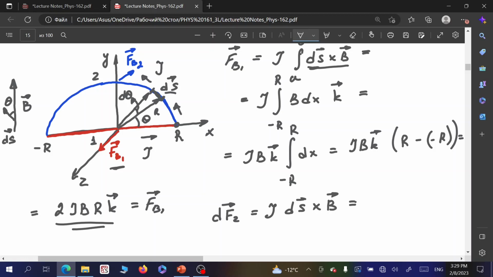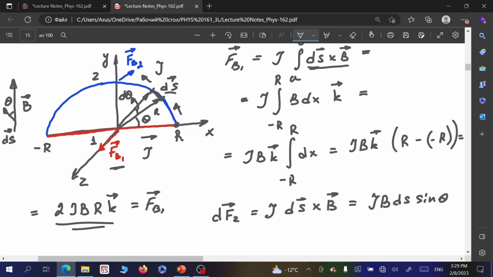It will be I times B times sine theta. So we have magnitude of electric current, magnitude of magnetic field, then maybe here the magnitude of ds vector, then sine theta.